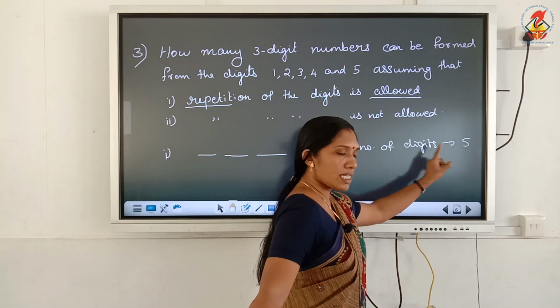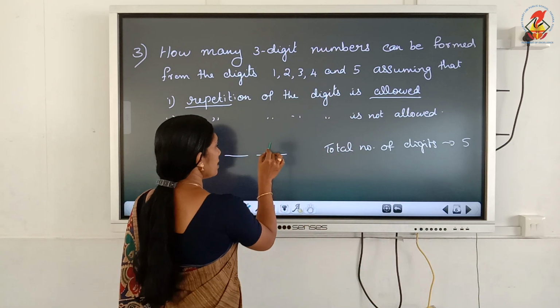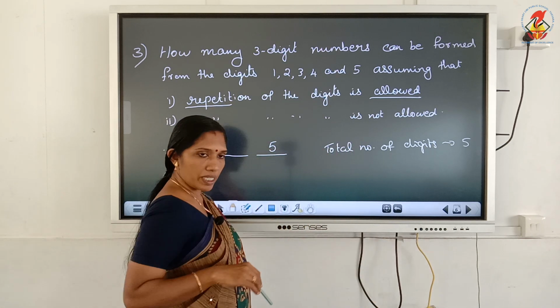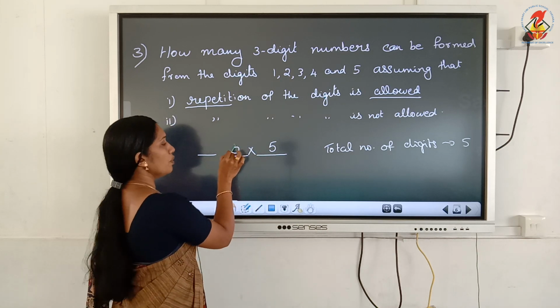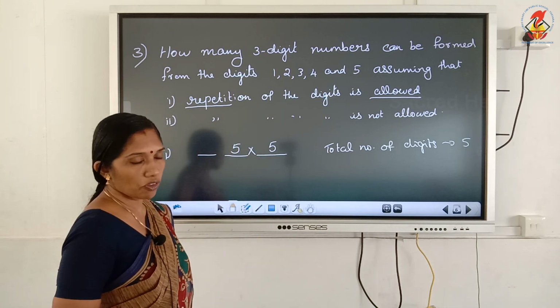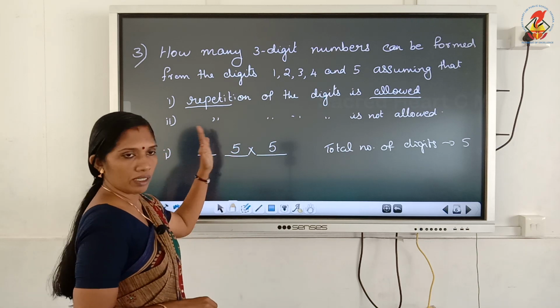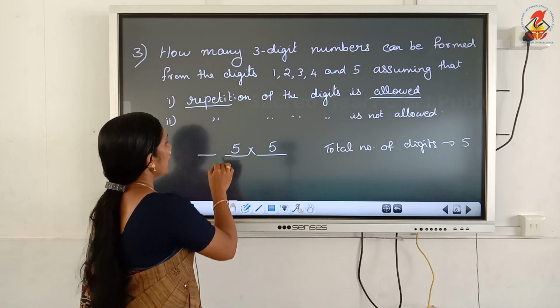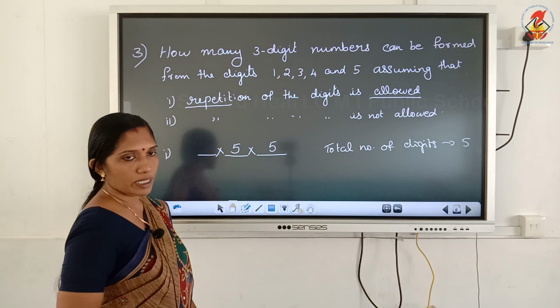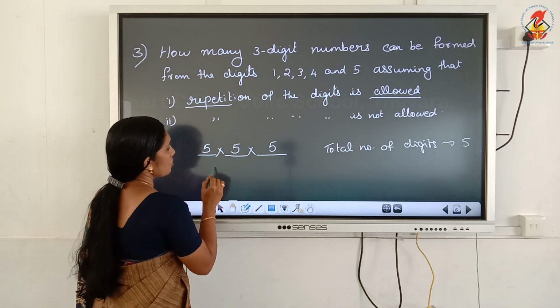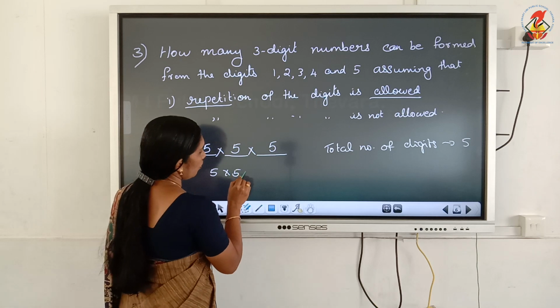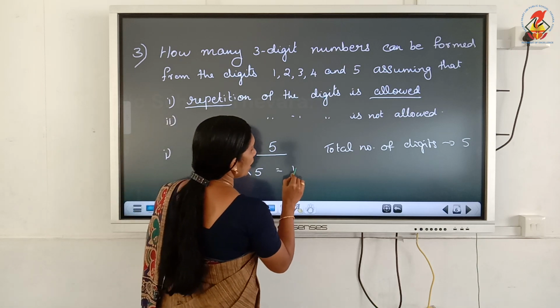We have 5 digits, so we can fill this place in 5 different ways. What about the tens place? There also we can use 5 digits, or 5 different ways we can fill that place. Now the hundreds place, that also in 5 different ways. So 5 into 5 into 5, that's equal to 125.